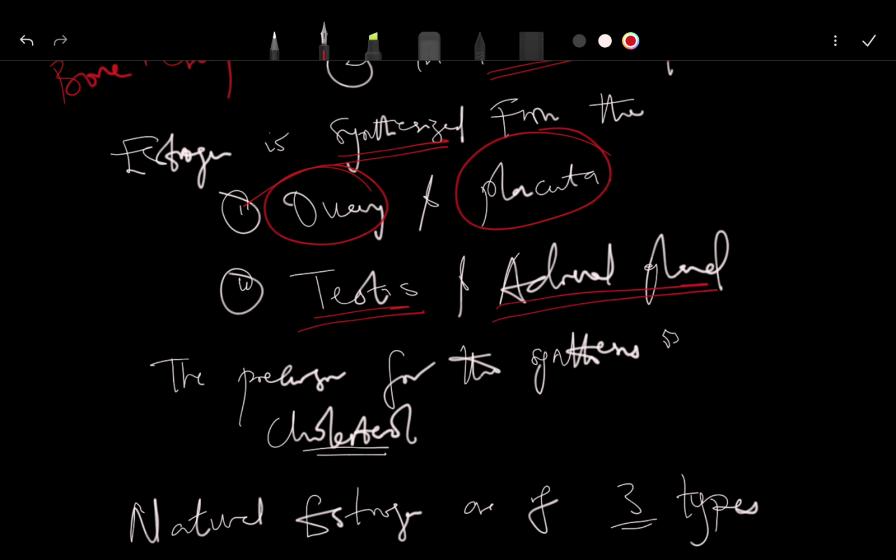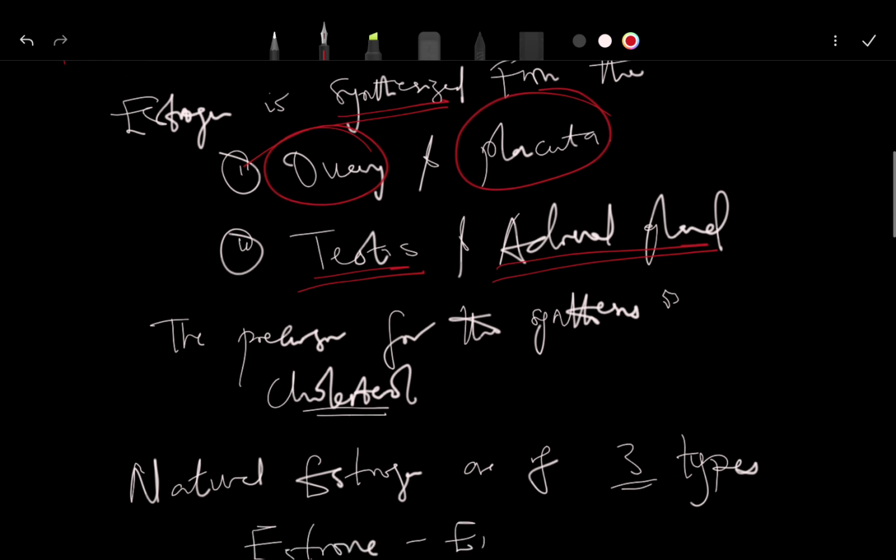It is important to note that the precursor for the synthesis of estrogen is cholesterol, because estrogen is a steroid hormone. All steroid hormones are synthesized from the primary molecule cholesterol. So cholesterol is the precursor for the synthesis of what? Estrogen.